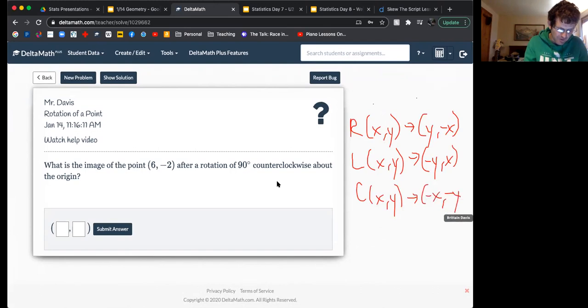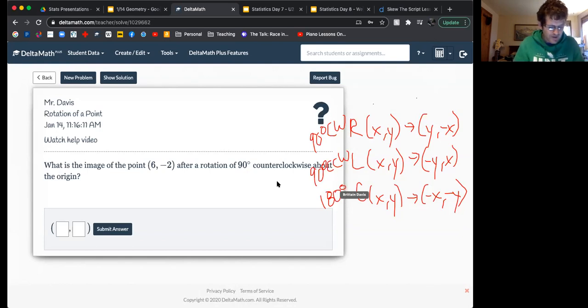These are our three. Now you don't know what the R and the L and the C are, but this is your 90-degree clockwise. This is 90-degree counterclockwise, and this is 180-degree rotation. Since this is on your cheat sheet that's online, you don't have to have it memorized. It is labeled with the 90-degree clockwise and counterclockwise.